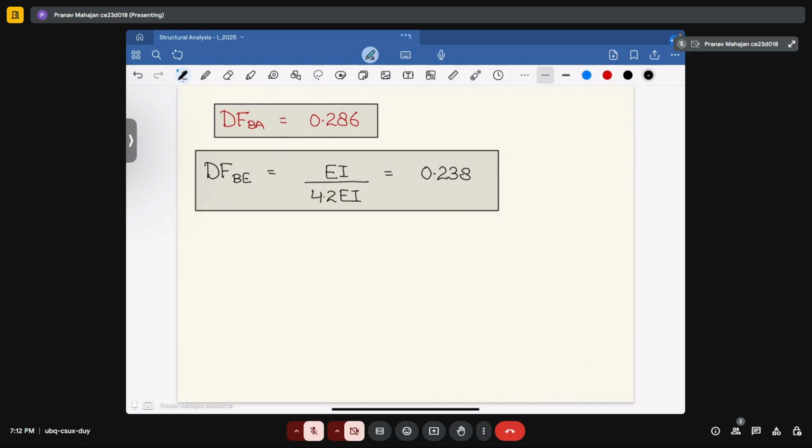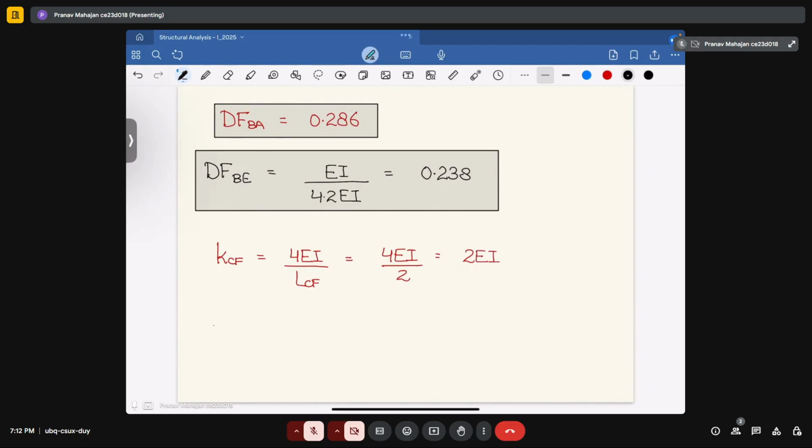Now let's calculate the distribution factors for members CB, CD, and CF. For that, first we will require to calculate the stiffness coefficient for CF, and for CF it will be 4 EI upon L of CF, which will be equal to 4 EI upon 2, equal to twice of EI.